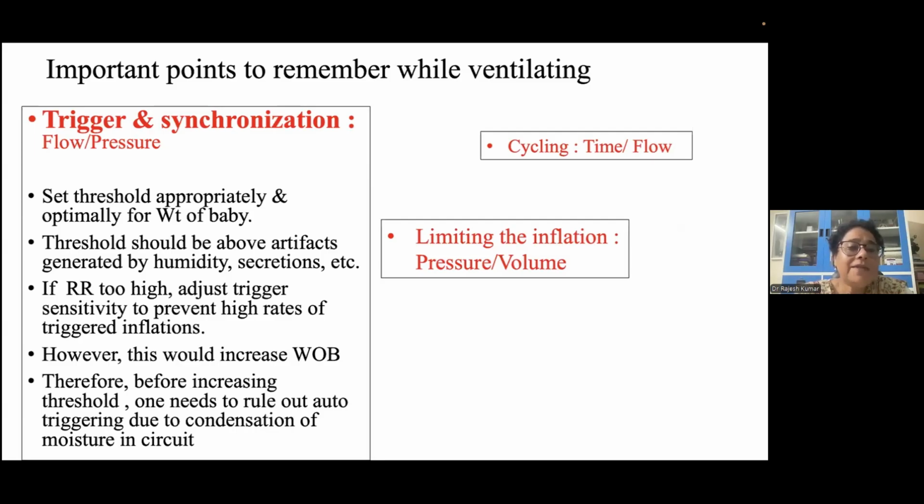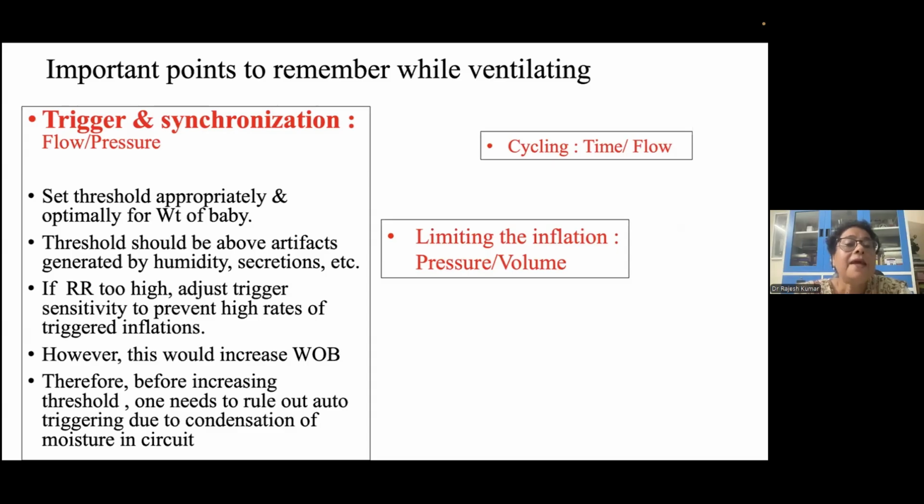The threshold should be above the artifacts generated by humidity or secretions, etc. But if we see that the patient is having a high respiratory rate, we might adjust the trigger sensitivity to a higher level so that there are no repeated triggers. But then again, we have to understand that if we set that threshold higher, there will be an increase in the work of breathing. Therefore, before increasing the threshold, one needs to rule out auto-triggering due to condensation of moisture in the circuit.